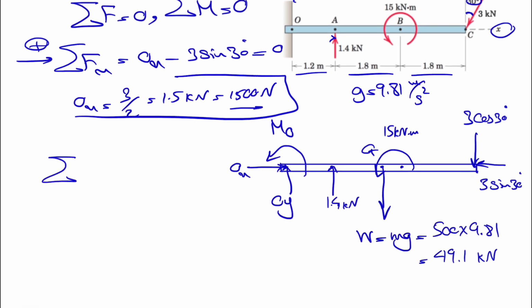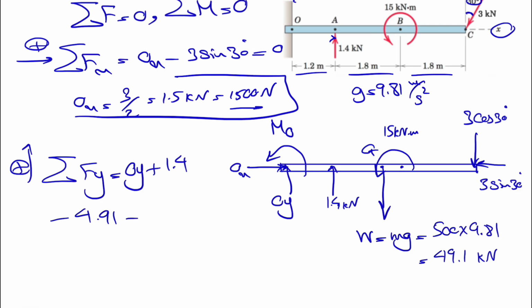We can do the same thing for sum of all forces in Y direction, positive upward. We have OY plus 1.4, and the weight downward, which is minus 4.91. Just keep in mind we have all the forces in kilonewton unit, so we have to be consistent. And we have the Y component of the force at point C, which is minus 3 cosine of 30 degrees, equal to 0.